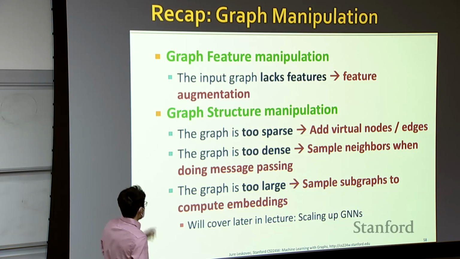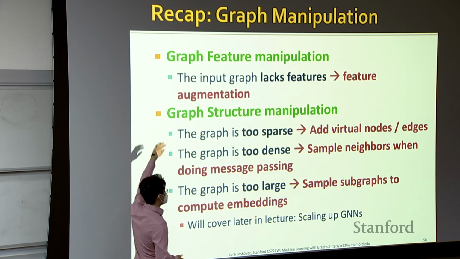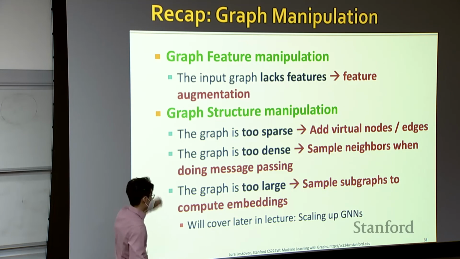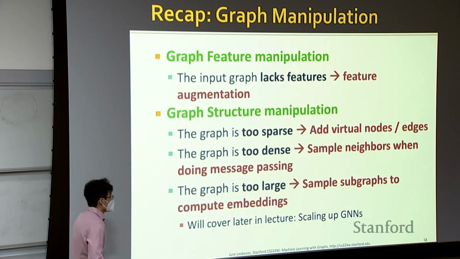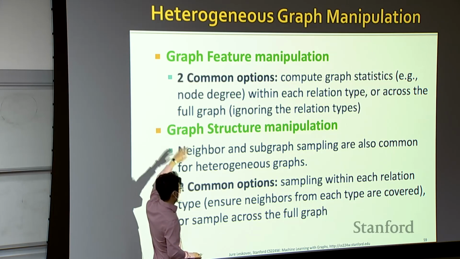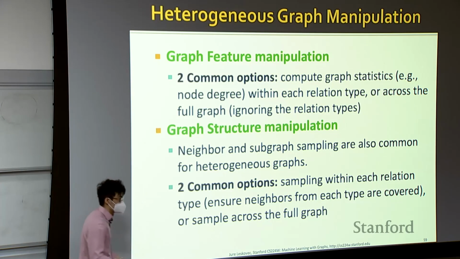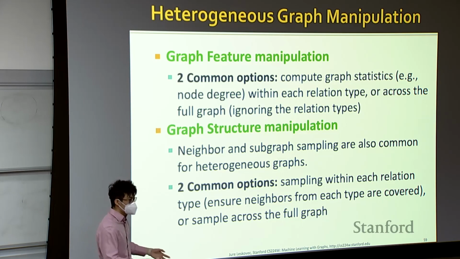And lastly, we'll talk about different ways of augmenting the graphs, like how to add features for nodes and add structural information for heterogeneous graphs. Most of them stay unchanged, except that we want to discuss 2 common options when we generalize the approach from homogeneous graphs to heterogeneous graphs. The first idea is to compute the statistics within each relation type.